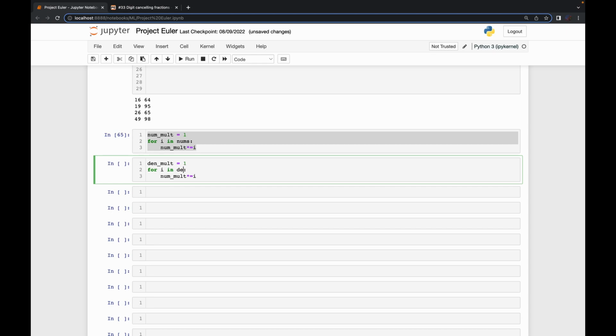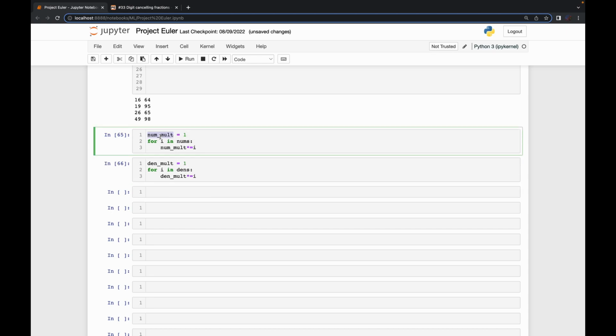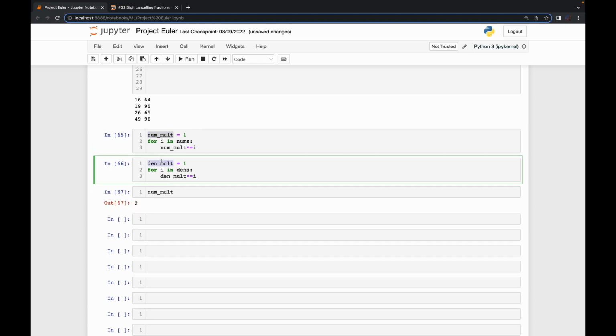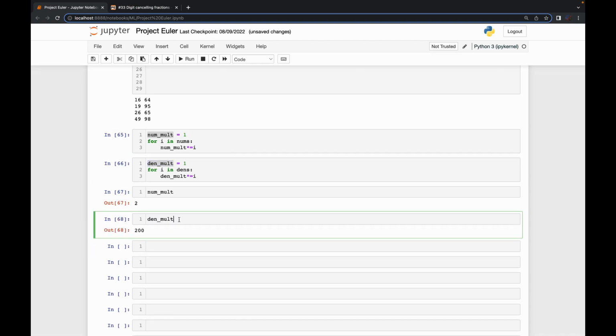Now I have the numerator multiplier, which is 2, and the denominator multiplier, which is 200. If I divide, that becomes 100.